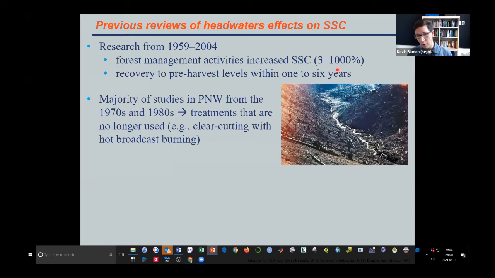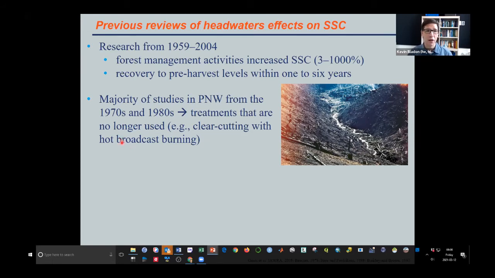So while I would encourage you all to read that paper if this is something of interest, there's a lot of really rich information in there. But something to keep in mind with that is the majority of the research is from the 1950s, 60s, 70s, 80s, where a lot of the practices of the time that folks were investigating are no longer relevant today. All right, so they're from studies where clear-cut sizes were much larger.